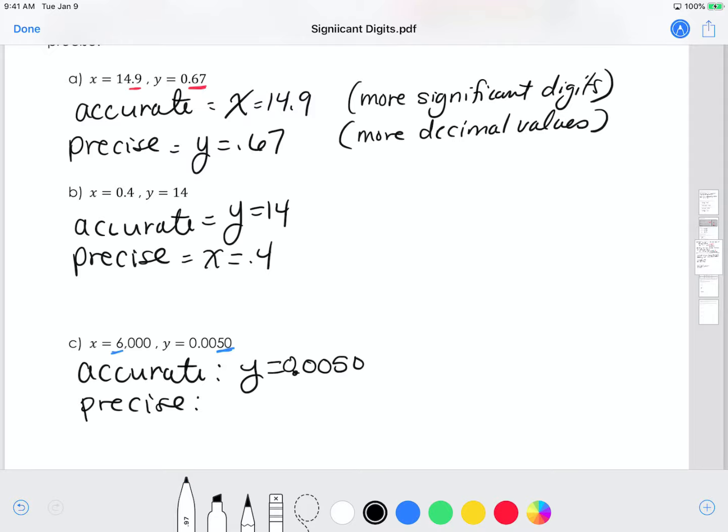And y is equal to 0.0050 is actually more precise as well, because there's 4 decimal values to the right of the decimal. So in this case, y is equal to 0.0050 is more accurate and more precise than x is equal to 6,000.